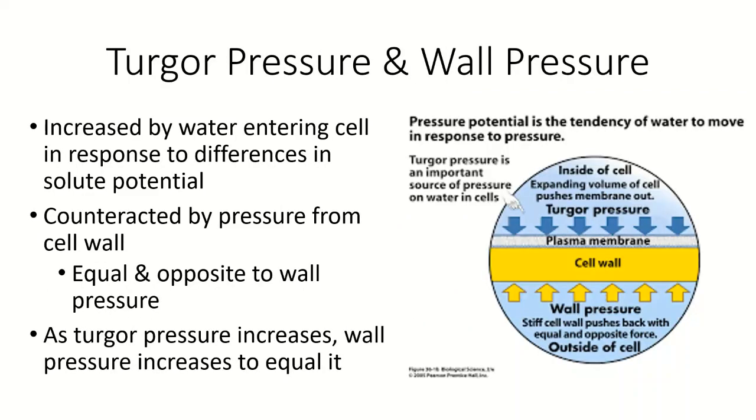So, turgor pressure is the pressure of the cell insides pushing against the cell membrane and the cell wall, and that is equal to and opposite in direction to the wall pressure. The wall pressure is going to basically be pushing back against the turgor pressure and canceling it out. If it didn't, that cell would either pop open or it would shrink.